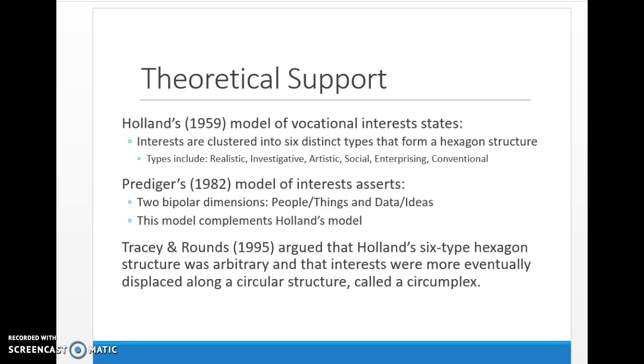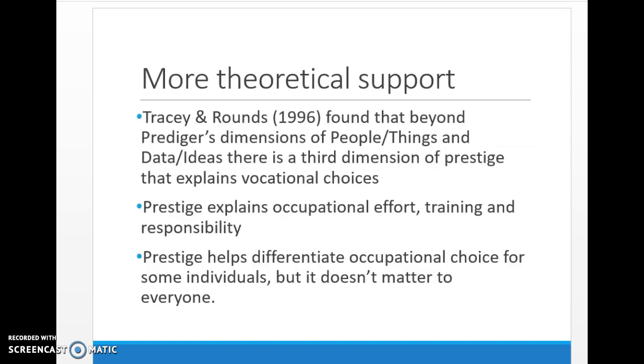And so that sounds really vague right now, but I'll show you on the picture once we get to that part. So basically, as I said, Holland's 6-type hexagon structure is kind of arbitrary, and you can chop that up in any amount of interests. So moving along.